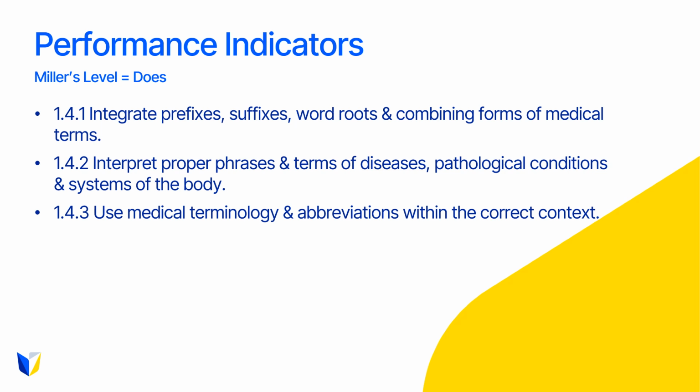So in this case, we want to know, can they integrate prefixes, suffixes, word roots, and combining forms of medical terms? Interpret proper phrases and terms of diseases, pathological conditions, and systems of the body, or use medical terminology and abbreviations within the correct context.